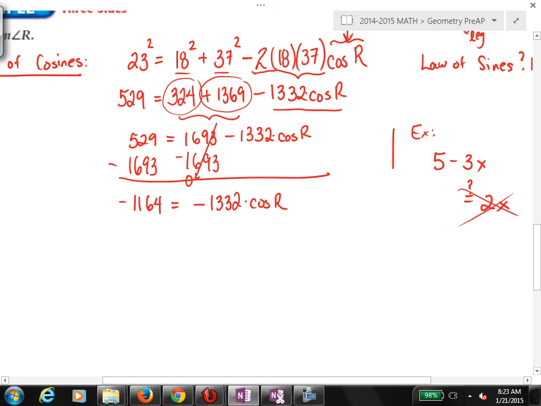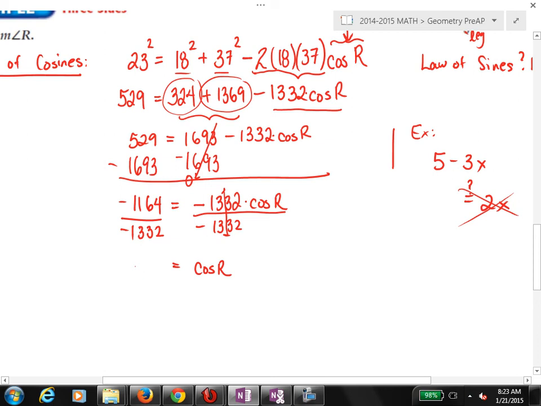So how do I get rid of times, or undo times, or the inverse? Yeah, divide by negative 1,332, divide by negative 1,332. That way you can see that this divides out to 1. You're going to be left with cosine of r, and you could simplify this fraction if you wanted to.